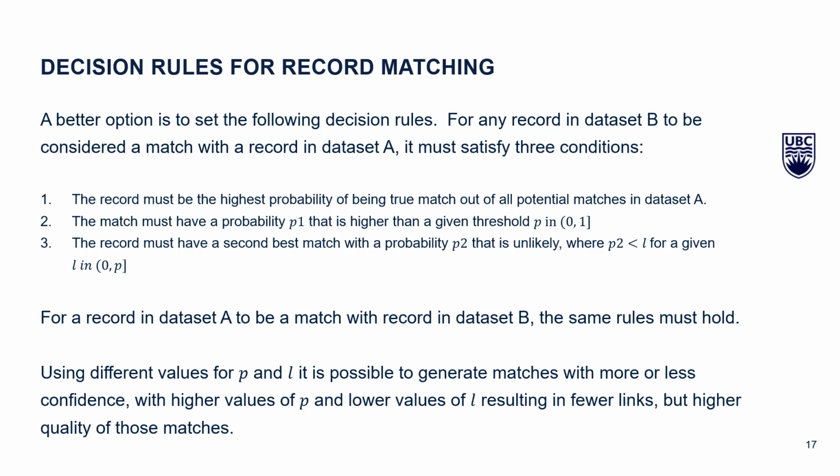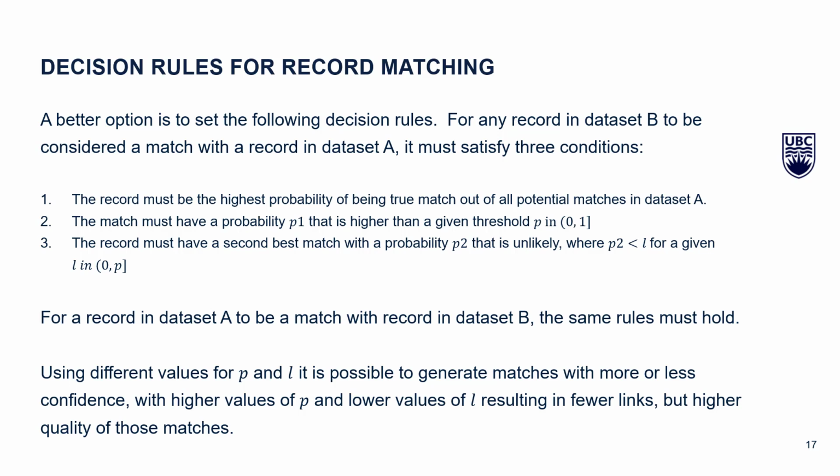Also, for a record in dataset A to be a match with a record in dataset B, the same rules must also hold. The question then becomes, how do you choose the thresholds P and L? By using different values for P and L, it's actually possible to generate matches with more or less confidence.